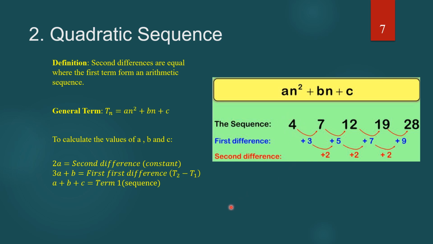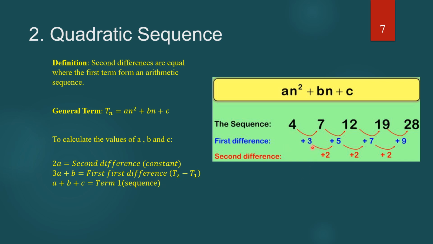If we were to go on and calculate the values of A, B, and C, we would say 2A is equal to 2, therefore A would be 1. Then 3A plus B is equal to the first difference.